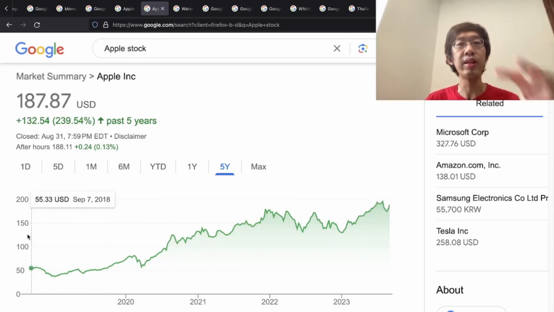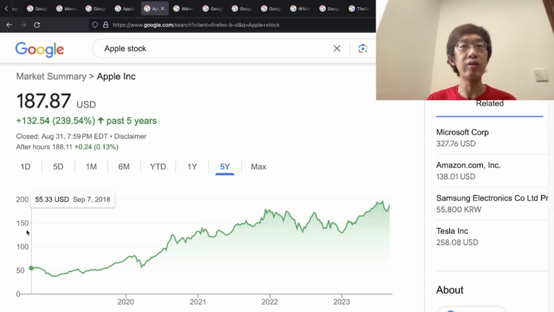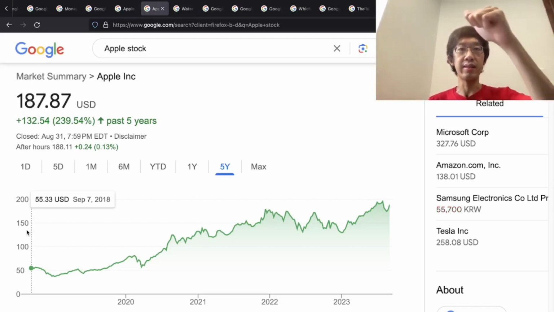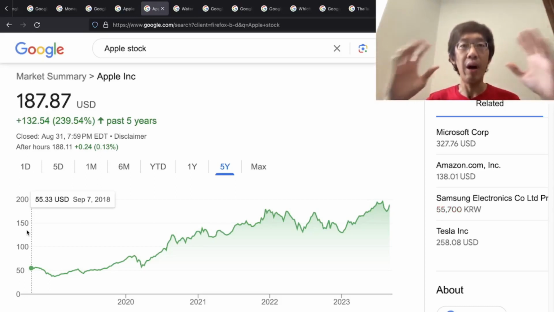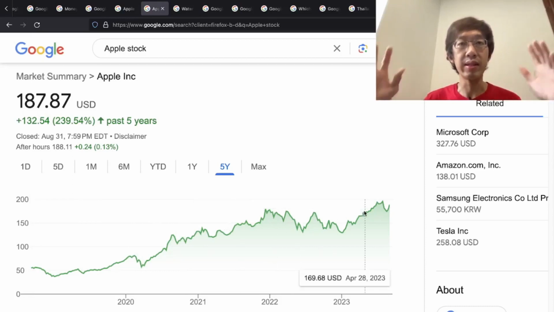It's over 3 times. It's because so many people have been buying Apple products. Apple revenue increased, Apple net income increased, Apple cash flow increased. And as a shareholder, a stockholder of Apple, my wealth, any shareholder of Apple's wealth also increased.